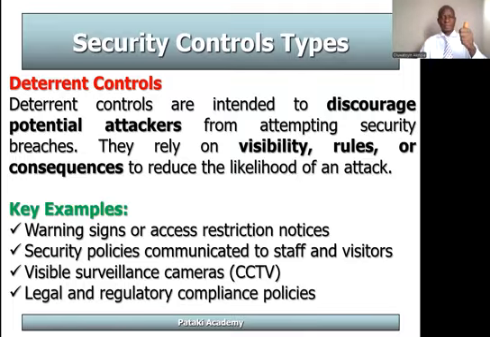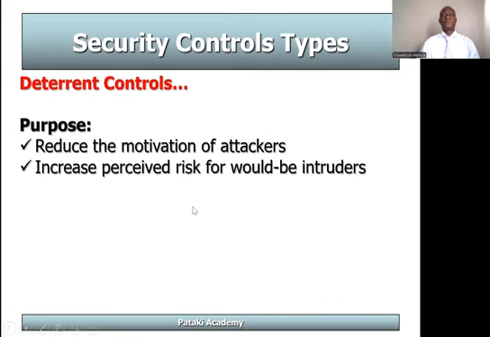A warning sign or access restriction notice will be placed in your center, in your building. Security policy communicated to staff and visitors. Visible surveillance cameras that all can see. Legal and regulatory compliance policy.